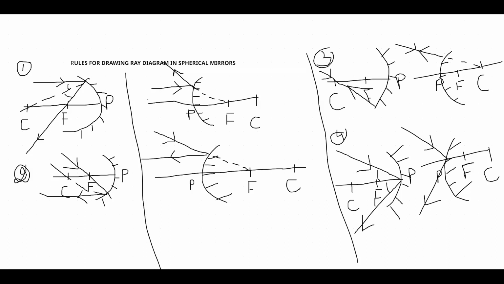All right. So let's have a quick recap. You can see here in ray 1, concave mirror, the line is parallel to the principal axis, it is passing through the focus. And in the convex mirror, similarly, the line is parallel to the principal axis and it is passing through the principal focus.